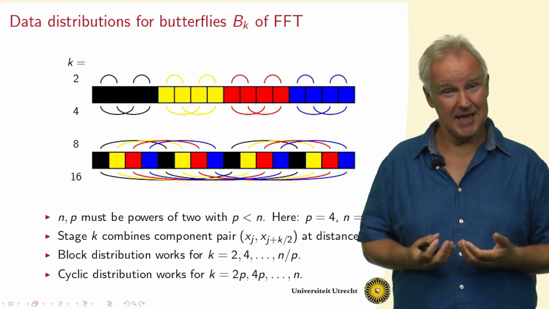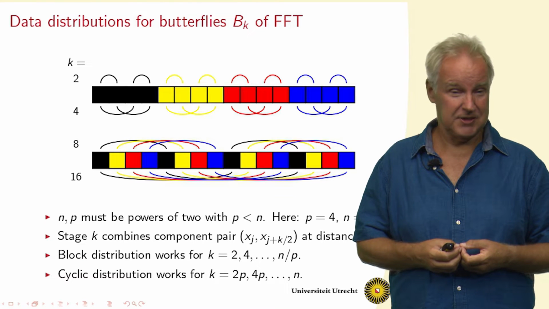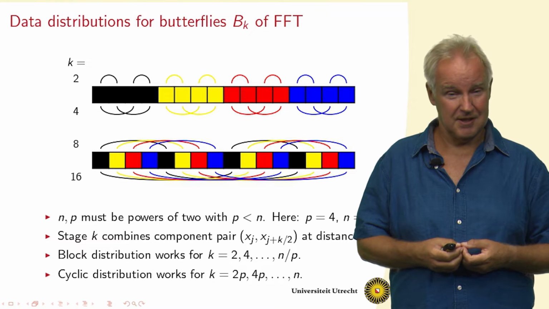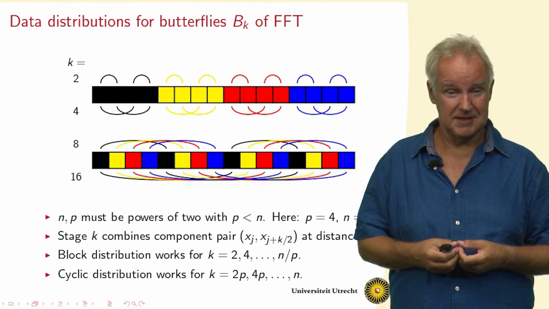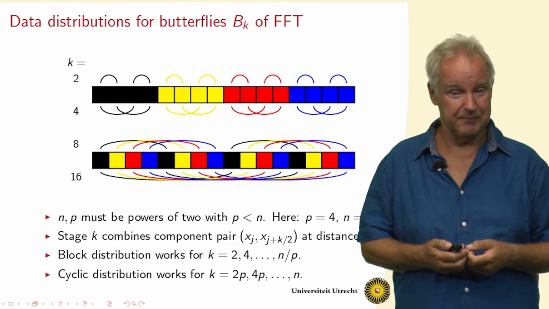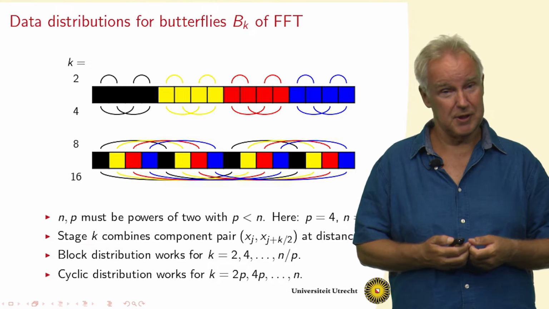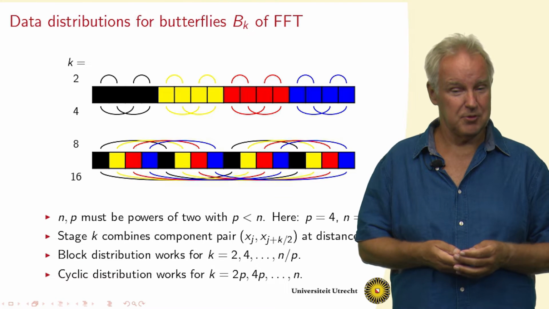And this, in the cyclic distribution, is exactly the same processor. So there we see, for example, that the black processor has the elements 0, 4, 8, etc. So combining 0 and 4 is a local operation. So the cyclic distribution works for 2p and also for 4p up to n.